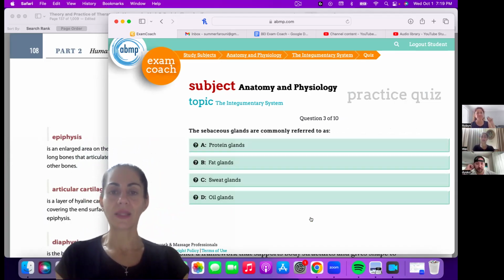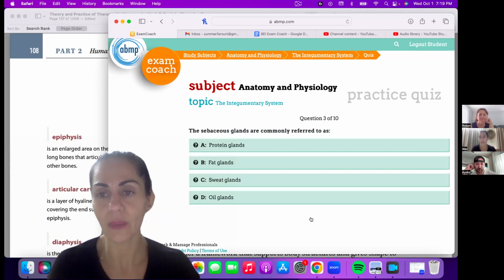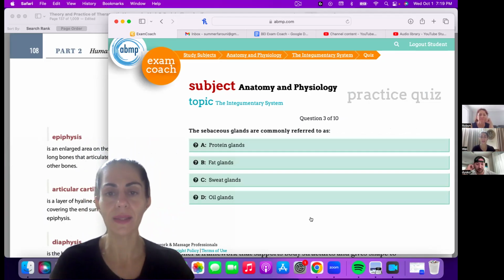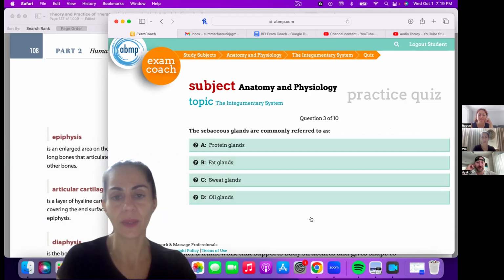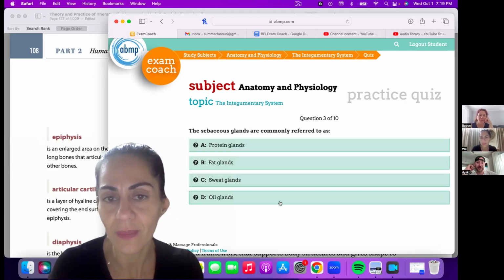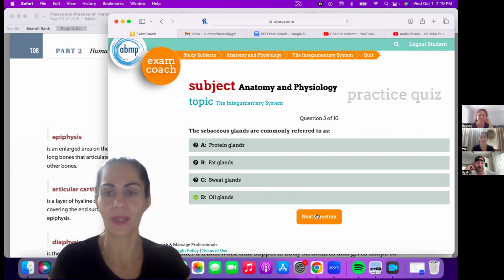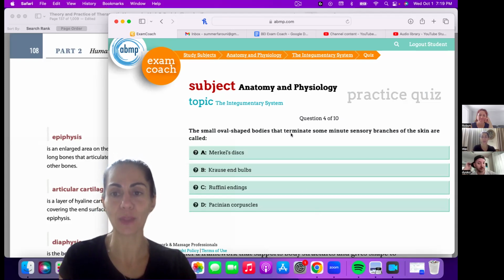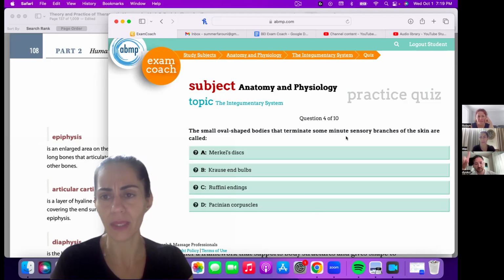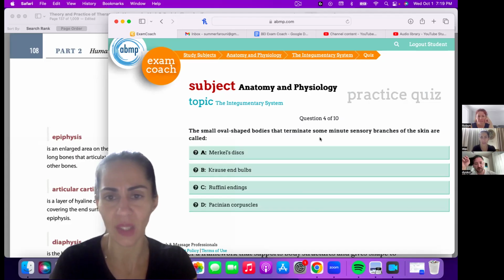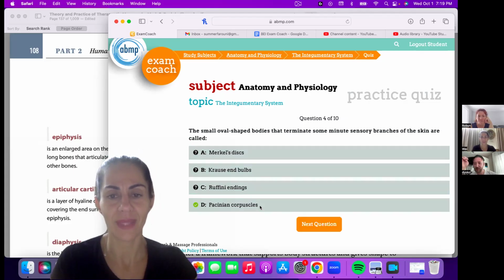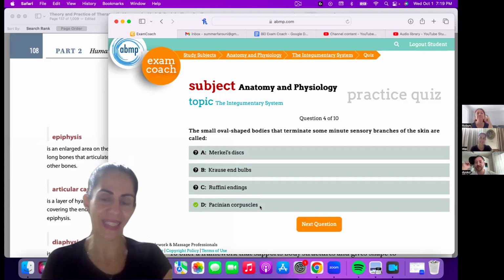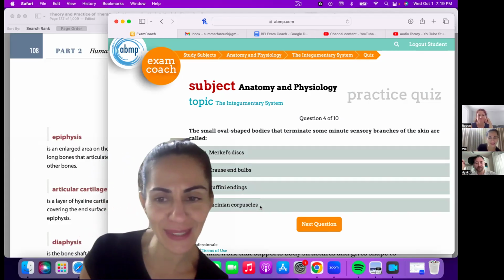All righty. The sebaceous glands are commonly referred to as oil glands. D. Oil. Correct. Okay, a small oval-shaped body that terminates some minute sensory branches of the skin is called Pacinian. Wasn't it that one, the oval ones? Yeah, I think you call it Pacinian. Are you of Italian background?